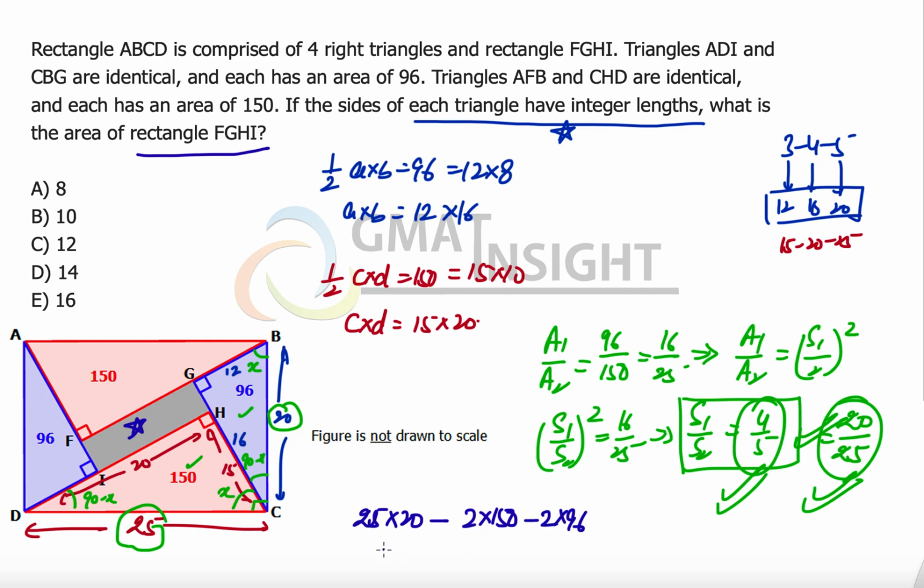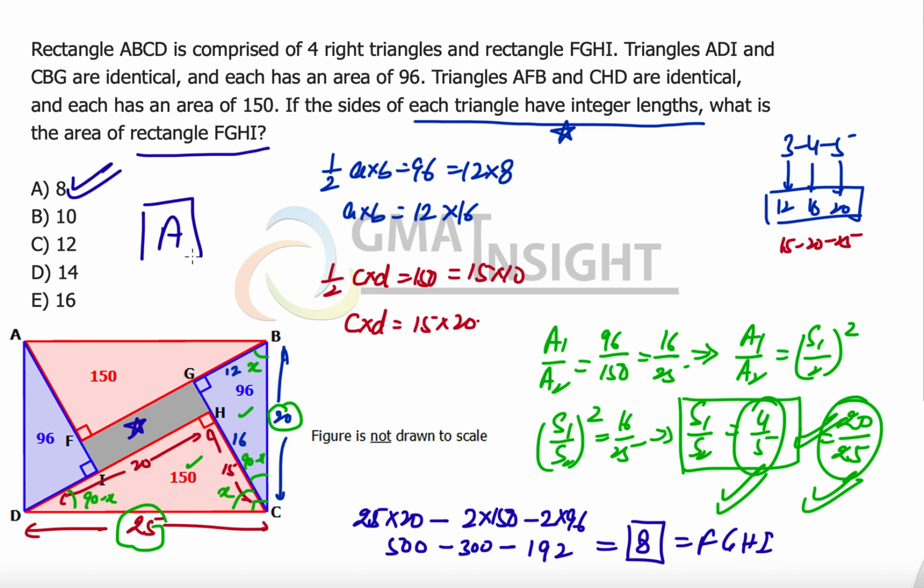We have 500 here, we have 300 here, and we have 96 multiplied by 2, which is 192. If we subtract, the result is 8, which should be the area of the rectangle FGHI. So the answer should be option A. That's what our answer is.